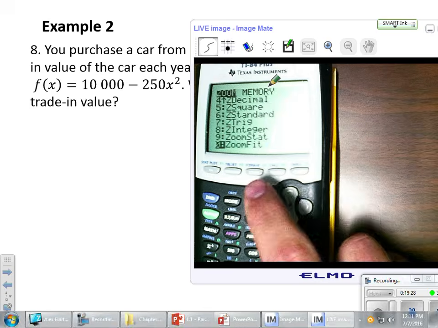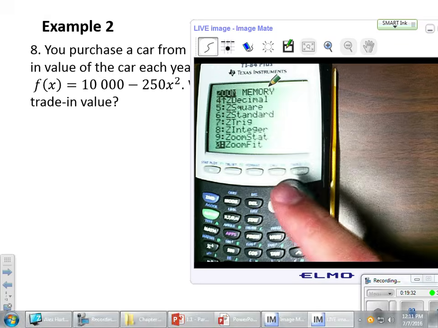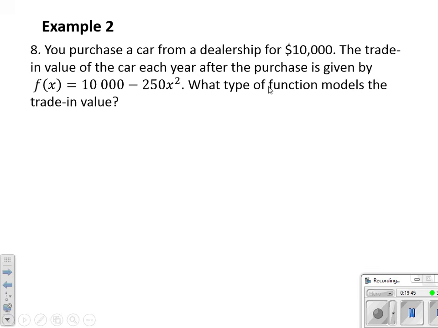So again, that was the zoom key, and then we just use the arrows to toggle to zoom fit. And if we hit enter, you can see it redraws the graph. There we can see a nice parabola showing up there, again, confirming that it is, in fact, a quadratic function. Okay, so our answer is quadratic.